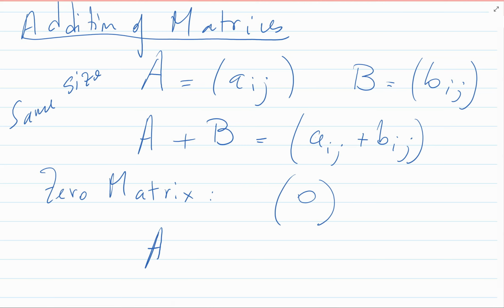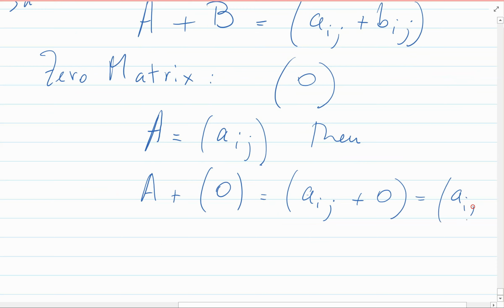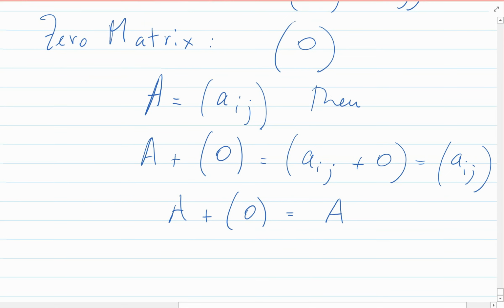If you take A equal Aij, then A plus the zero matrix will be Aij plus 0, because all the entries are 0, which is Aij. In other words, A plus the zero matrix is equal to A. So the zero matrix behaves exactly the same as the zero number.